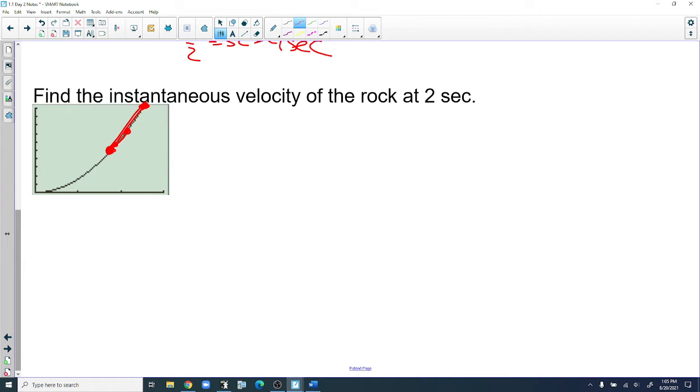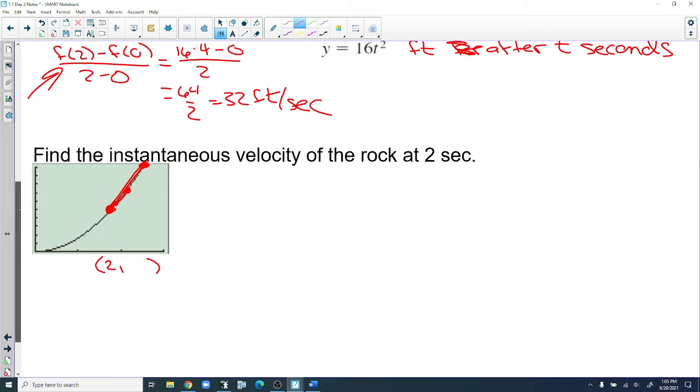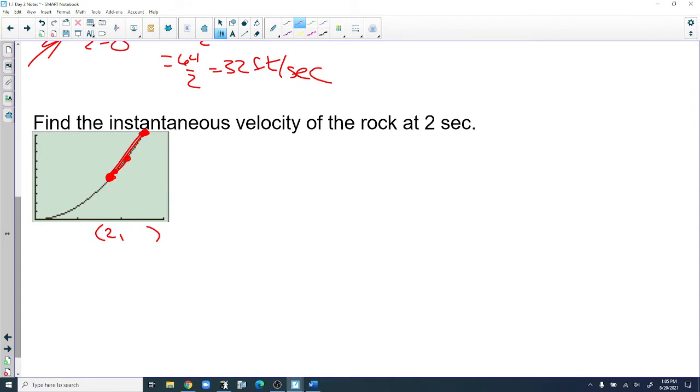We're going to have the first point be 2, and if we plug that in, that's going to be 64. And the second point is going to be 2 plus a little bit more. And we're going to plug in 16 times 2 plus h squared. We'll plug 2 plus h in for t. So now we got 2 points. But the second point is going to become infinitely close to the first point. And we're going to do that with a limit.